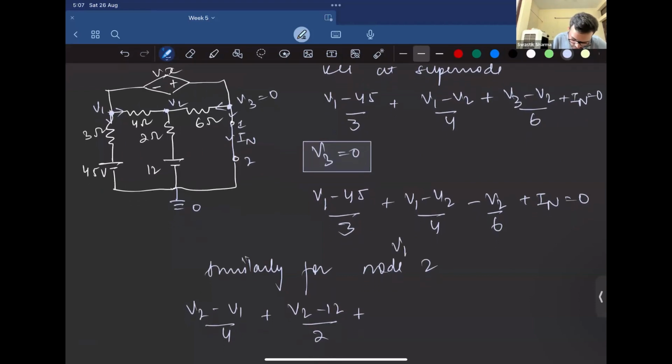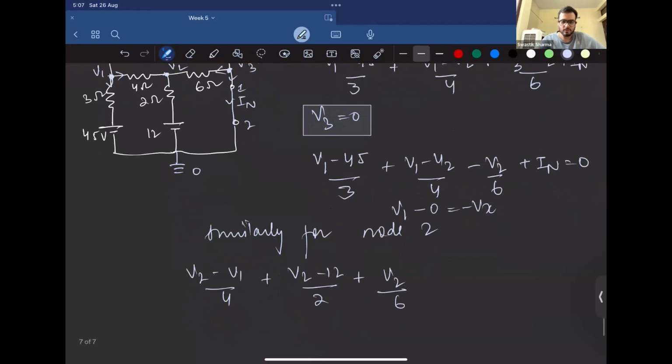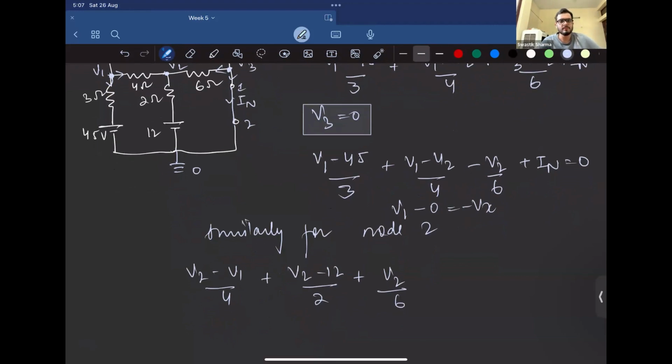It would be V1 minus 0 equals to minus Vx. That's how we do it. So (V2 minus 12) by 2. Again, three equations in three variables. Can you solve it?